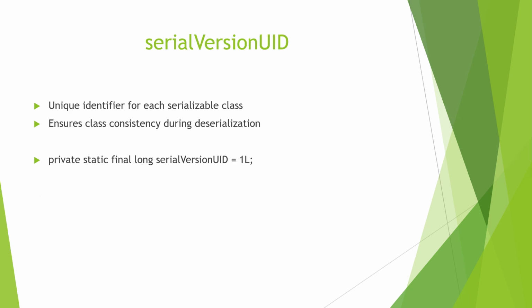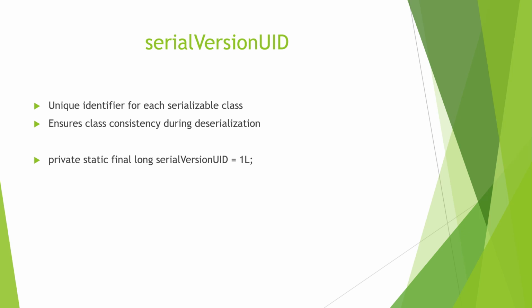So another very useful thing for advanced Java or the serialization process is serialVersionUID. It is a unique ID. Basically it is allotted to every serializable class which goes through the serialization process, and it also ensures that whenever it is deserialized, the same Java object is obtained through this process.